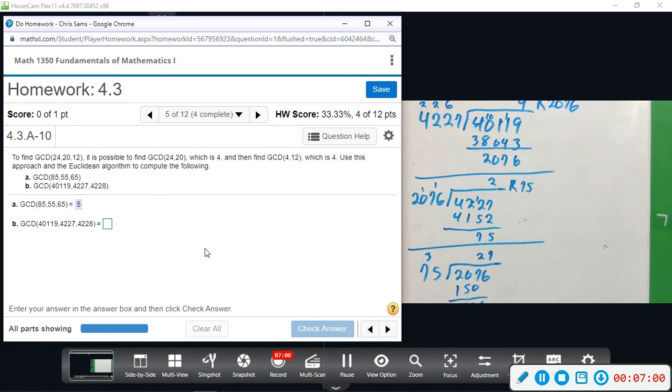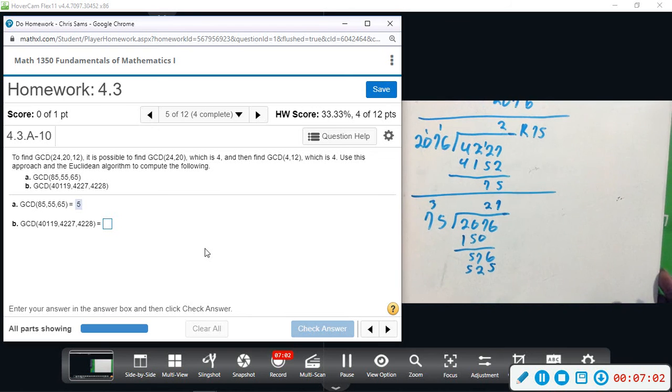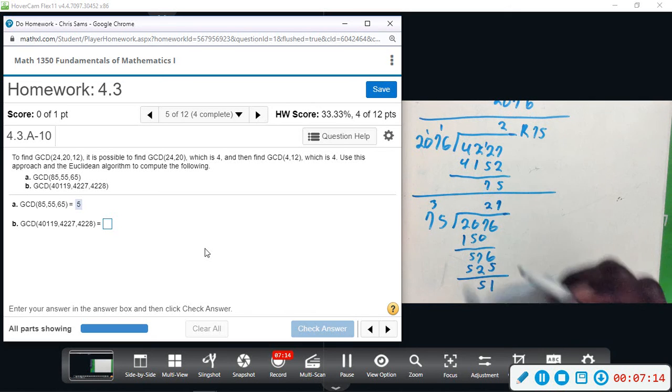Okay. And then subtracting, we have 51 remainder.